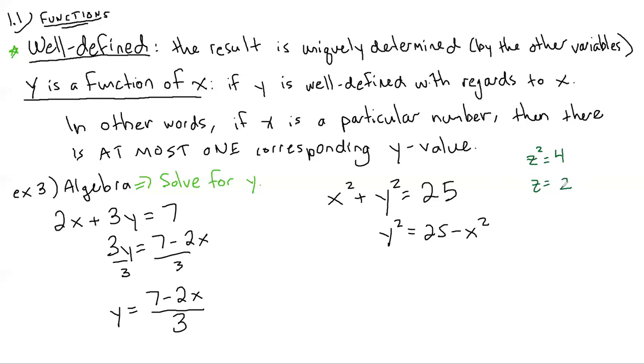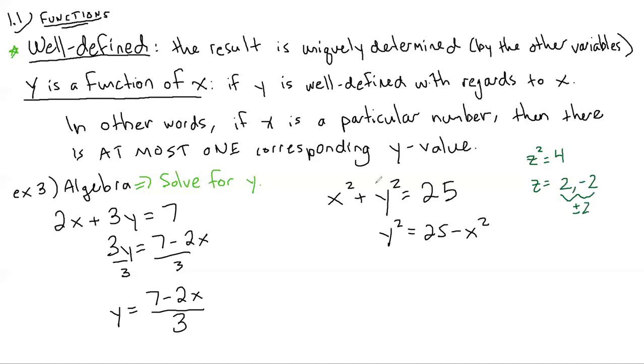But there is a second solution, negative 2 also satisfies that, right? If you square a negative, the square just cancels itself. So the actual solution to this is plus or minus 2, or plus or minus the root of 4.